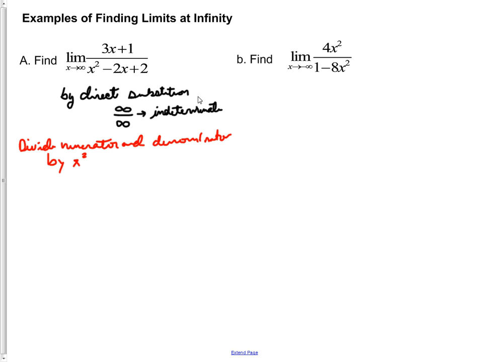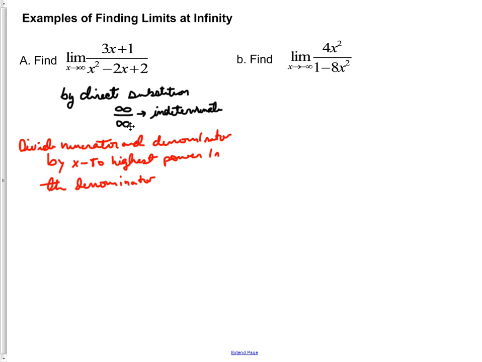So maybe I should make this a more general rule right here. It's not always x squared. It could be whatever the power is in the denominator. And let me show you how this rule is going to work.